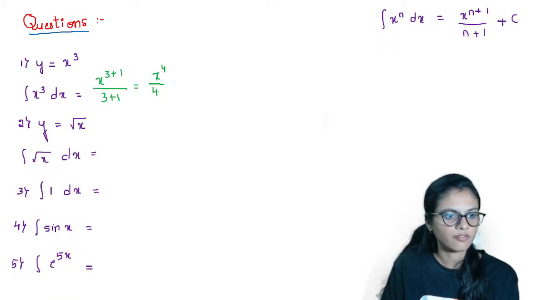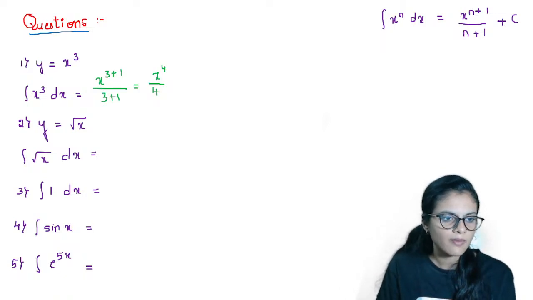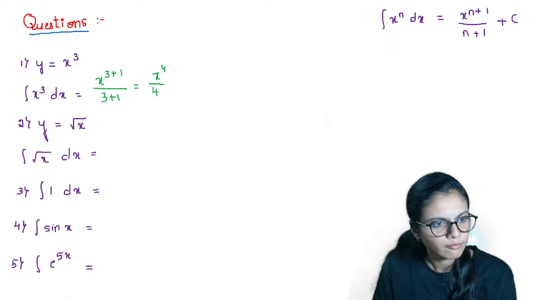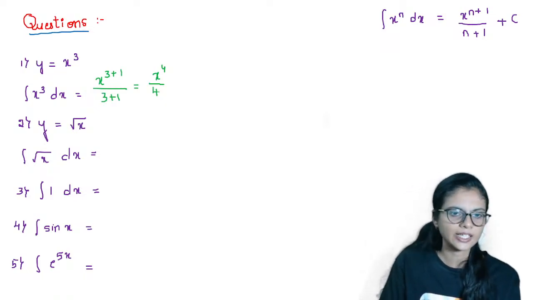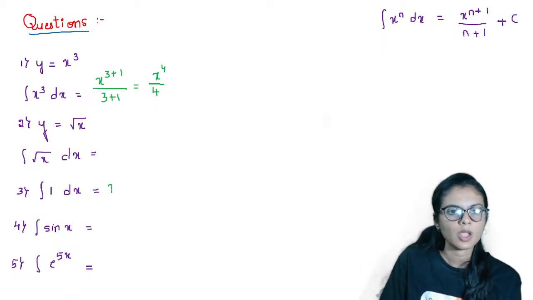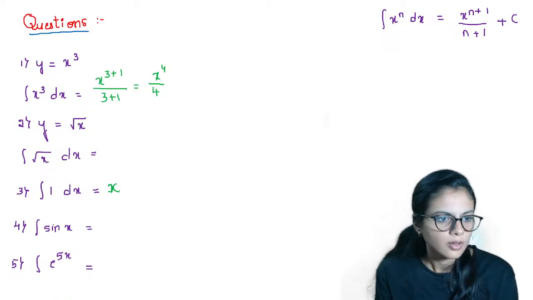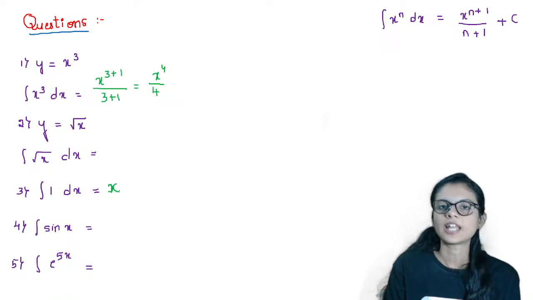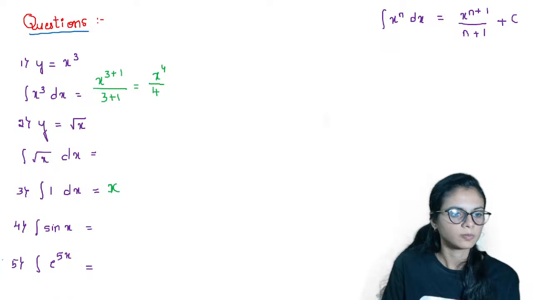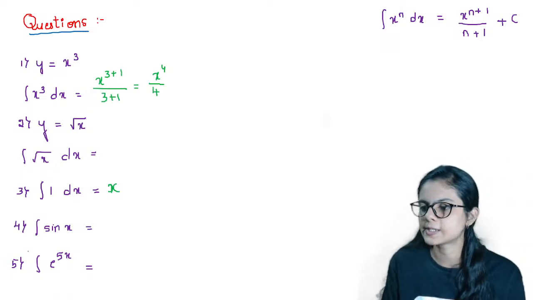And the fifth one you're telling 5 into e power x into 5x. Okay. Third one is x. Exactly. Third one is x plus c in all. That's fine, no worries. We'll do that kind of mistake. Yes, plus c in all. And fifth one, what is the answer?